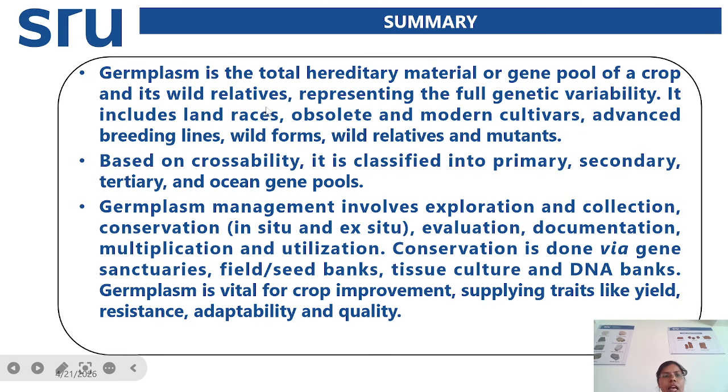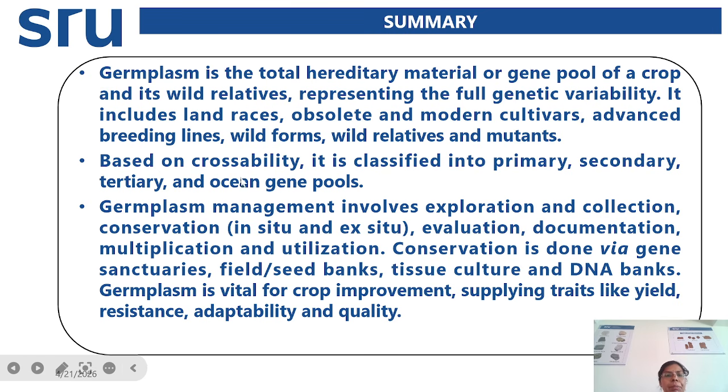Next, coming to the conclusion, here we discussed what germplasm is. Germplasm is the sum total of the hereditary material. It means all the alleles of various genes present in a crop species as well as in wild relatives. Generally, germplasm represents the entire genetic variation present in a crop species, and there are seven different kinds of germplasm: land races, obsolete cultivars, modern cultivars, advanced breeding lines, wild forms, wild relatives, and mutants, which we have discussed earlier.